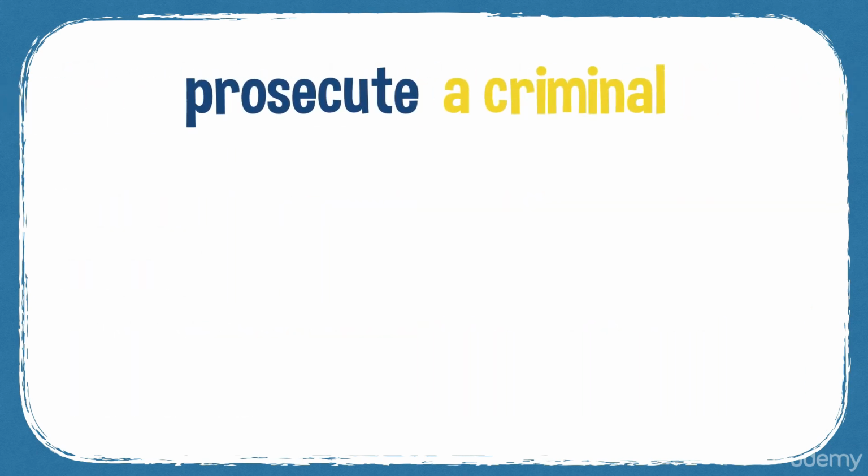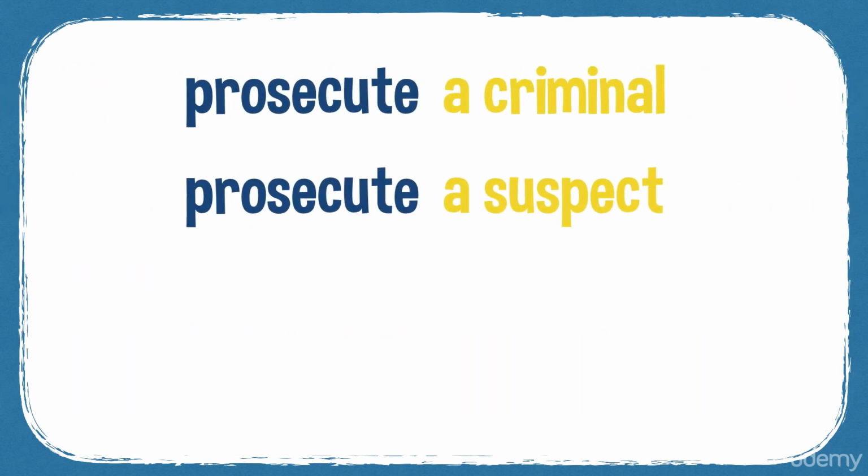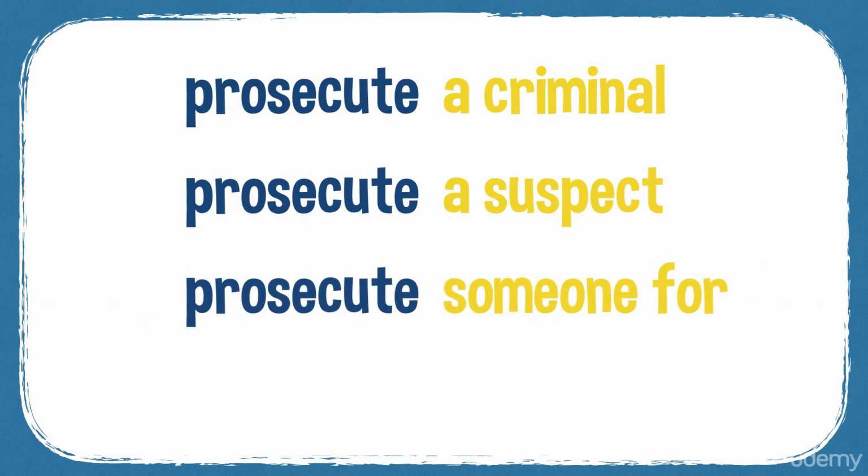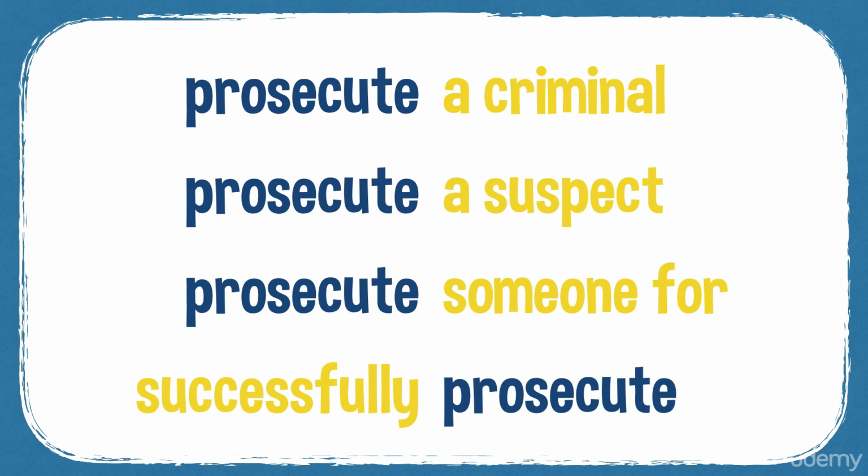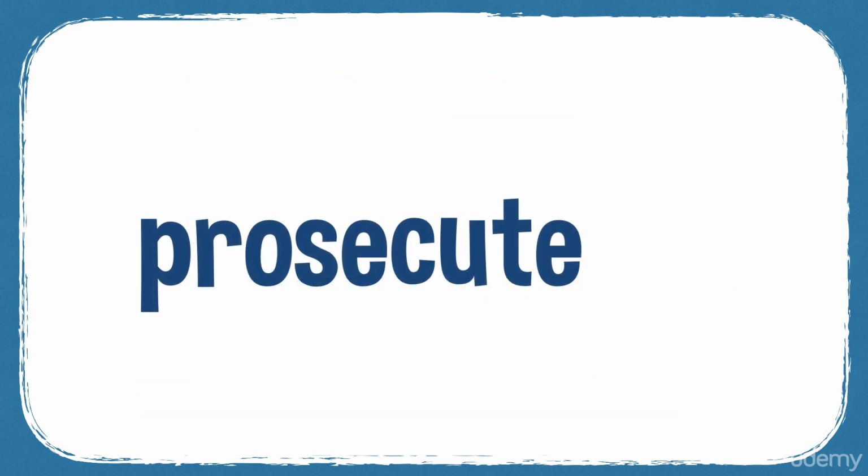You can prosecute a criminal, prosecute a suspect, prosecute someone for doing something, and you can successfully prosecute as well. And it's a verb, so you can have prosecutes, prosecuting, prosecuted. And the noun form is prosecution.